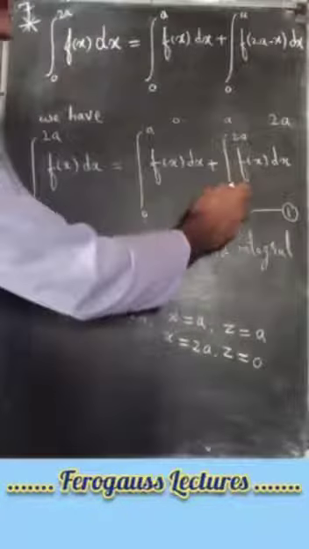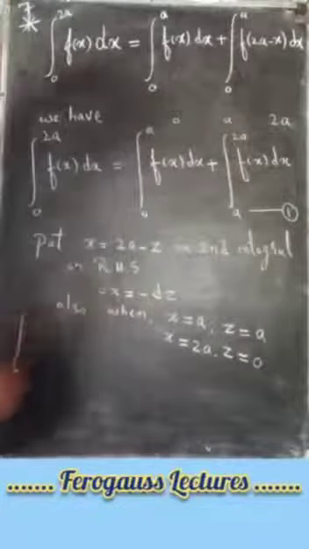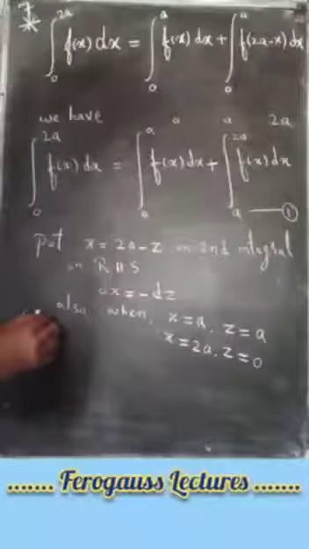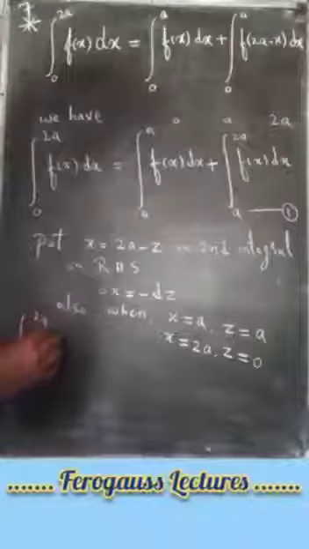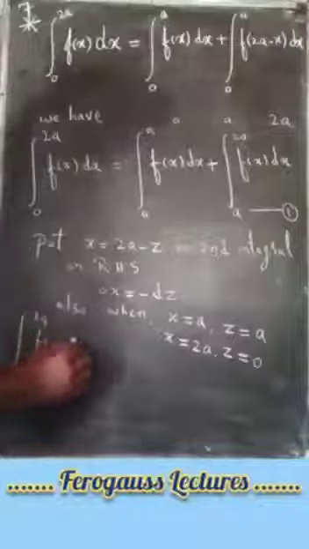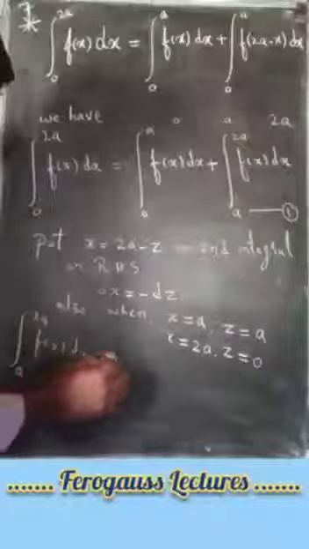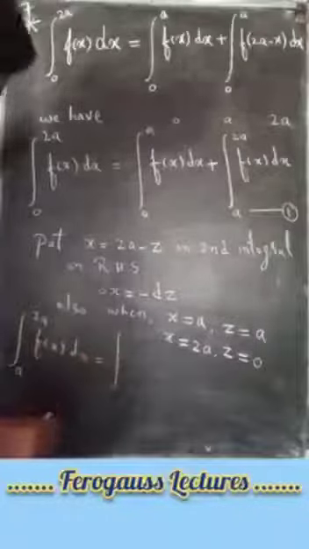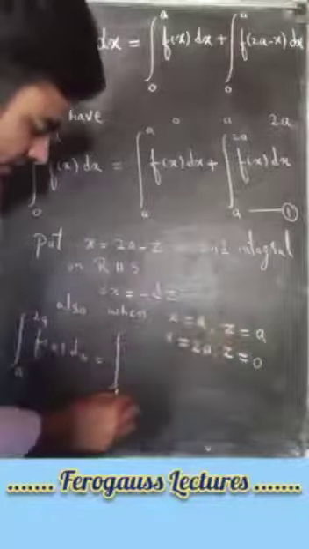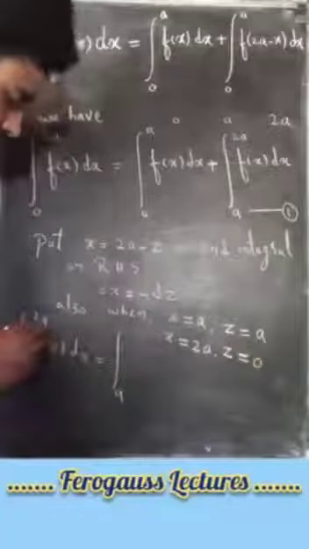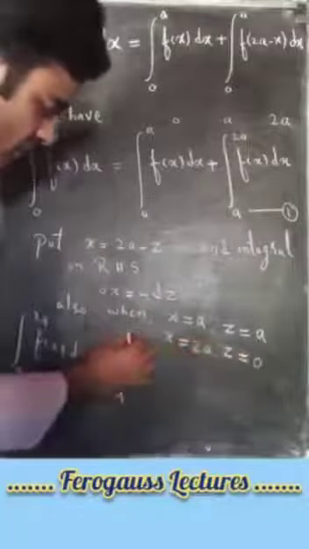Thus we can write this integral from a to 2a of f(x) dx equal to this integral, when x is a, z is a, when x is 2a, z is 0.